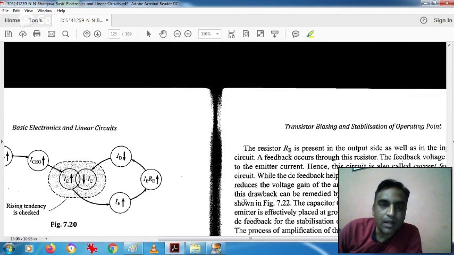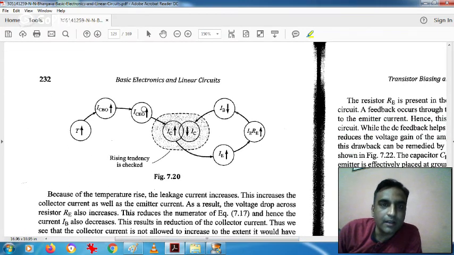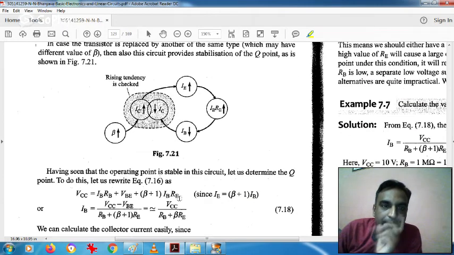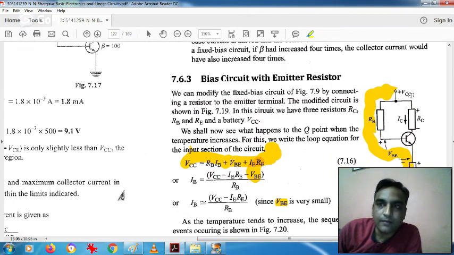Now how this circuit stops thermal runaway, that we will see, but let us go to the output side loop first. In the output side loop we have VCC, then the resistor RC which carries the current IC, then the drop VCE, and then the drop across RE.